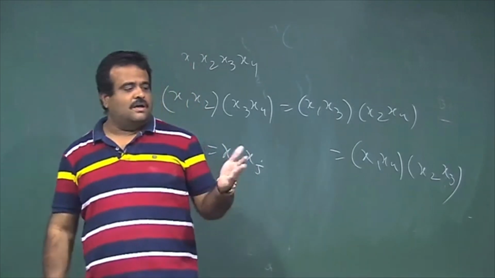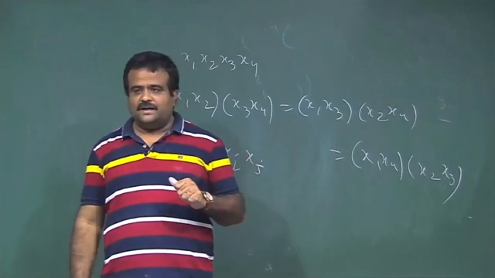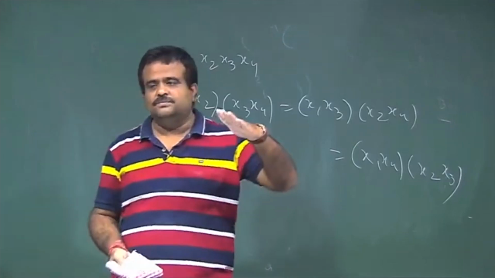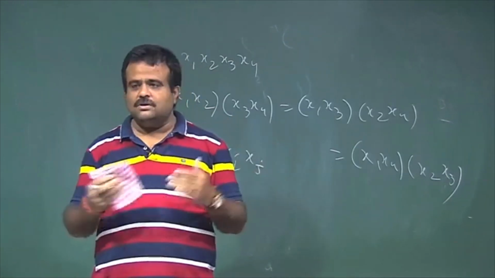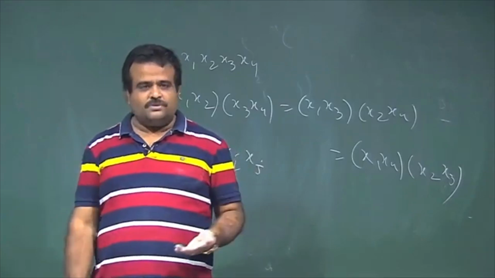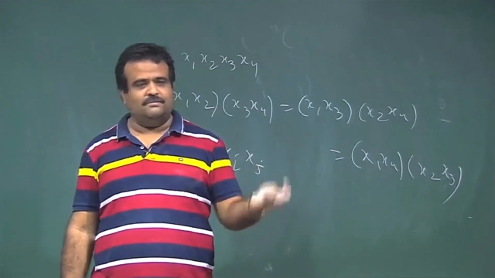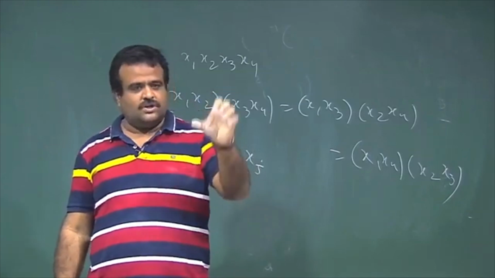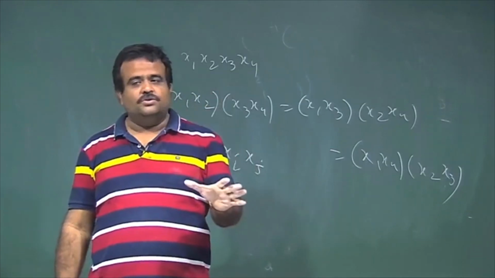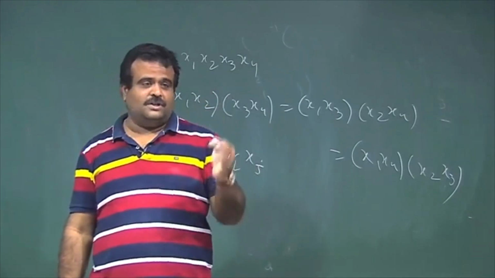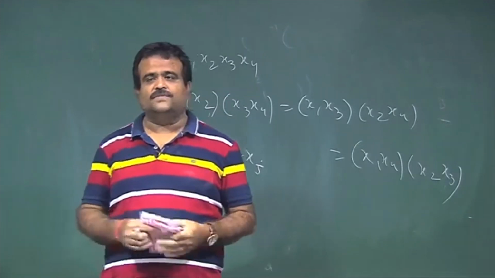This is called an algebraic attack. We generate some equations, then try to solve them by methods like linearization or the XL method. Once we get a consistent system of equations, we apply the Gauss elimination method to solve it. Okay, thank you.